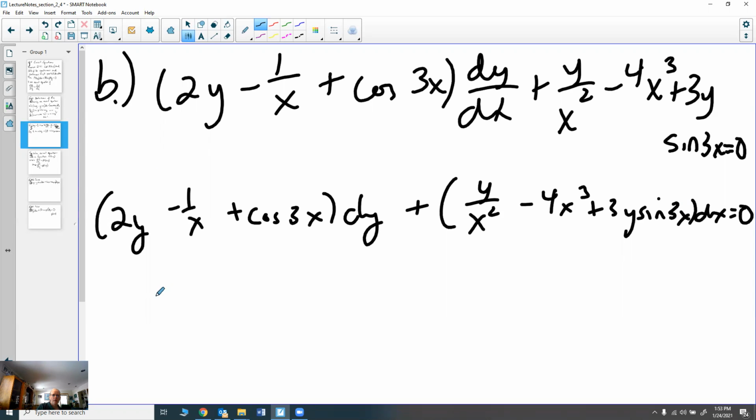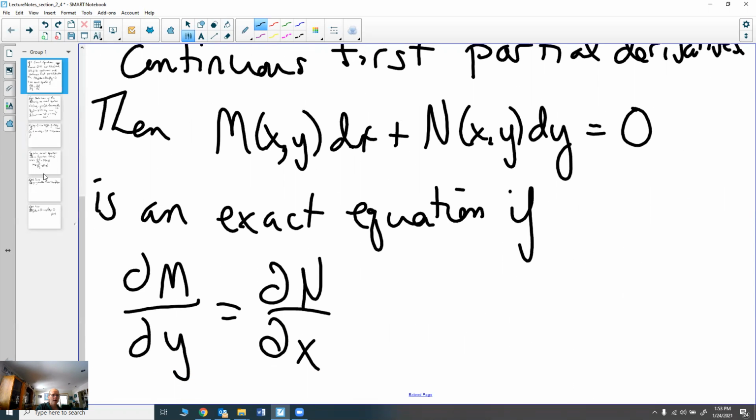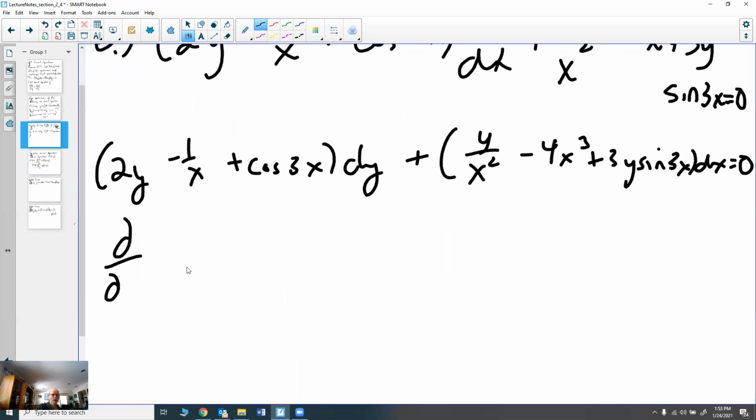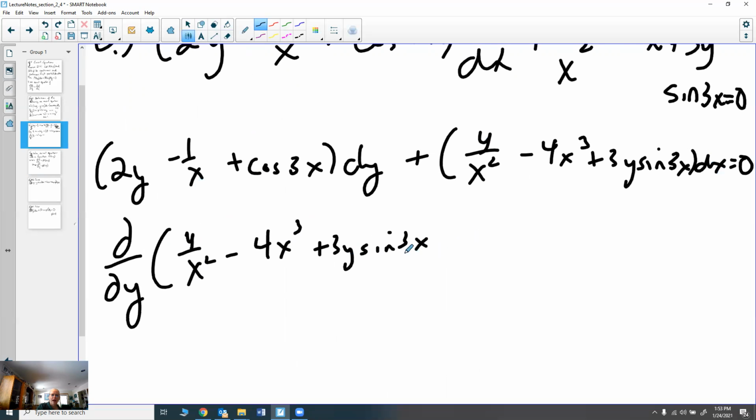So I want to do the partial derivative of my m with respect to y. The m is the one attached with the dx, so we're going to have y over x squared minus 4x cubed plus 3y sine of 3x. I'm going to take the partial derivative of that with respect to y.